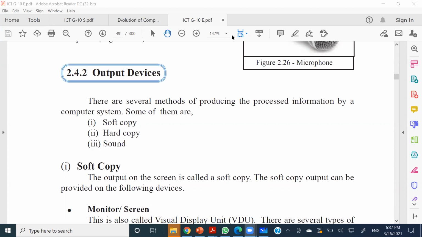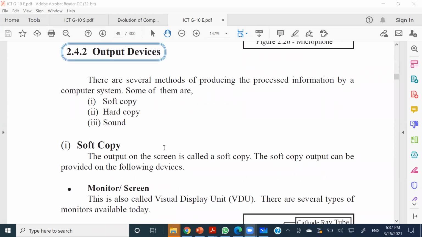Other than these two categories, there is sound. Sound belongs to the format that we can hear. We can't see it, we can't touch it, but we can hear it. So it is another way that the computer outputs its data. So there are three major types, and today we are going to learn about these three things.